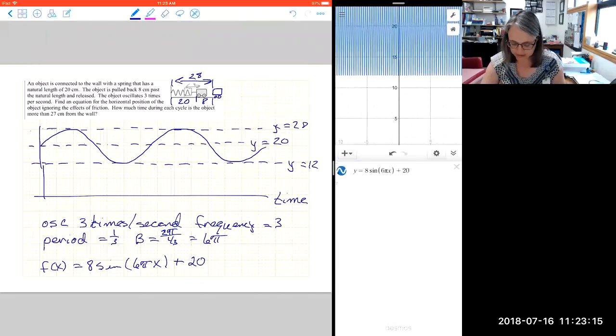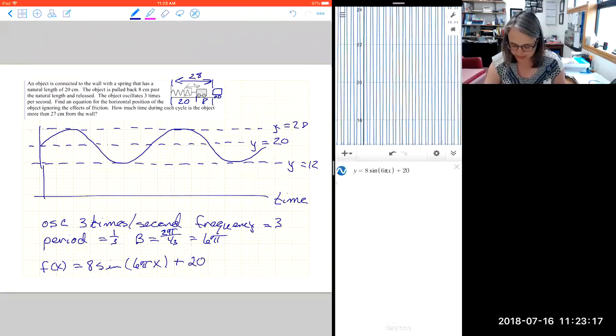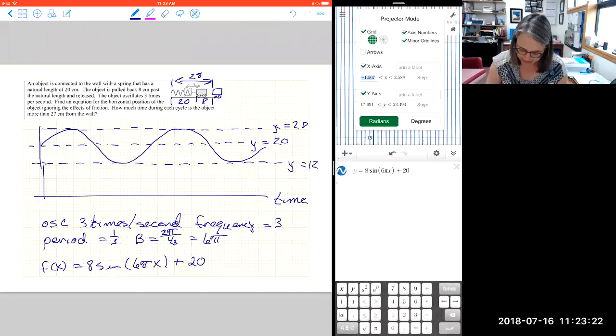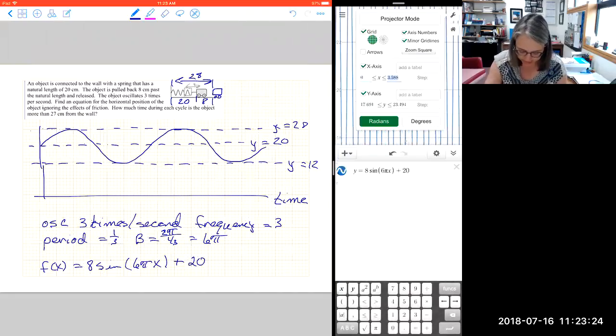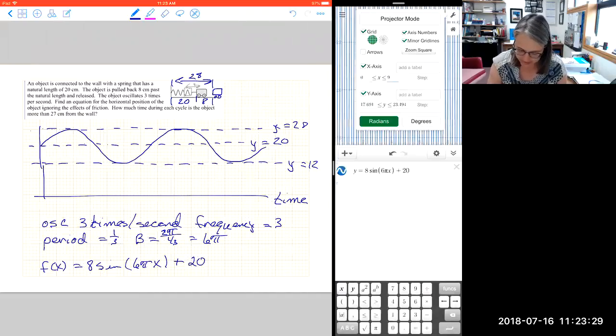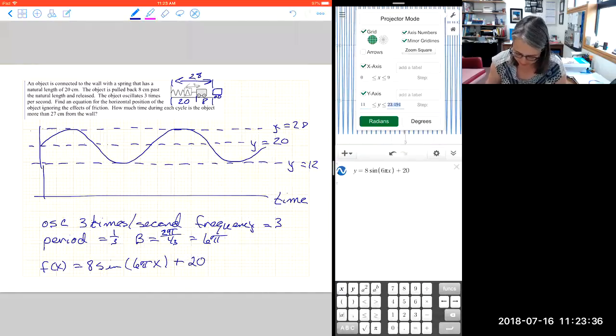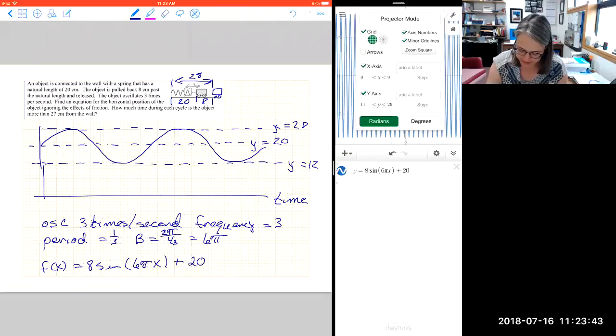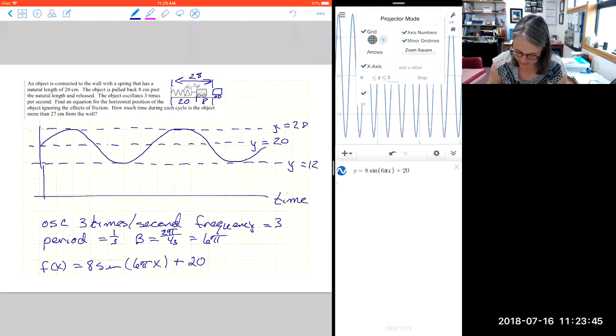Okay, so that's pretty obnoxious, but if I play with my settings a little bit here, my y-axis starts at 0, our x-axis starts at 0, goes to 9, and I know that I don't need to worry about anything below 12 or above 28. Okay. So let's change that to 3. That's good enough.